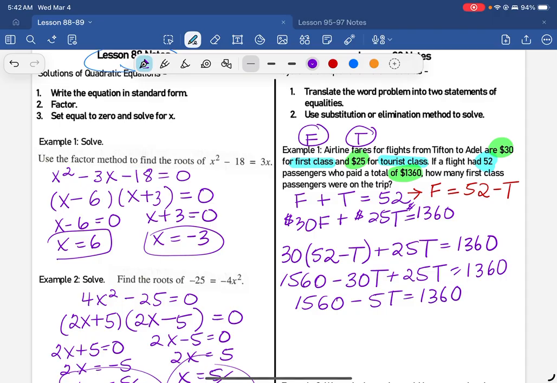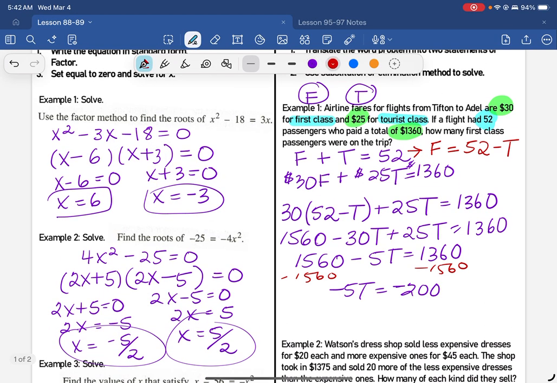Now we're going to subtract this 1560 over to the other side. So we're going to do 1360 minus 1560, which is negative 200. So we have a negative 5t equals a negative 200. Divide both sides by the negative 5 to get a positive 40.